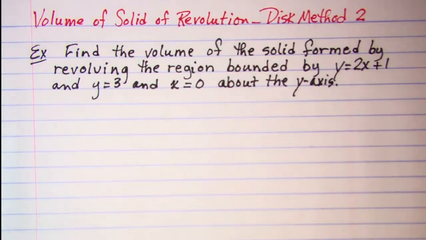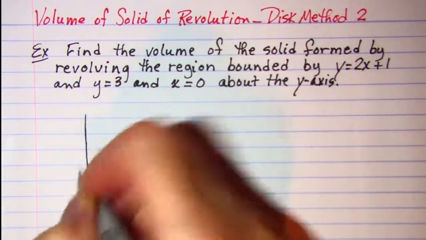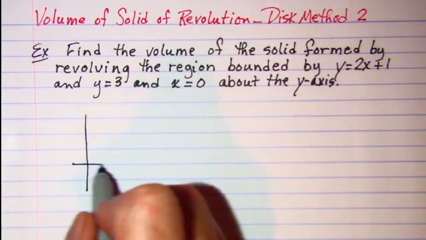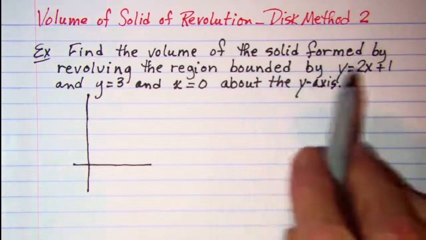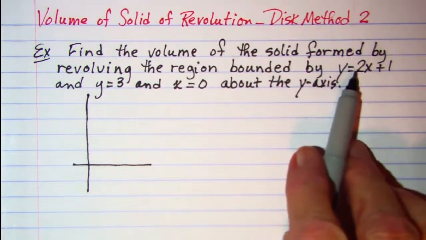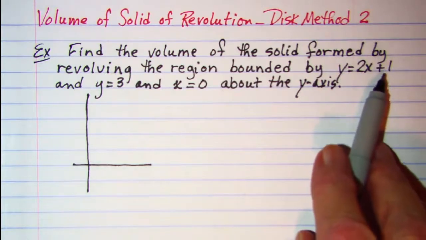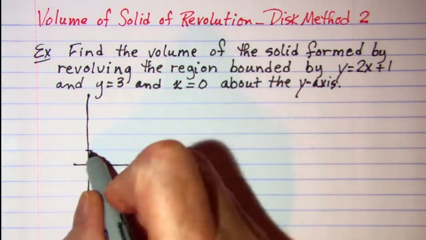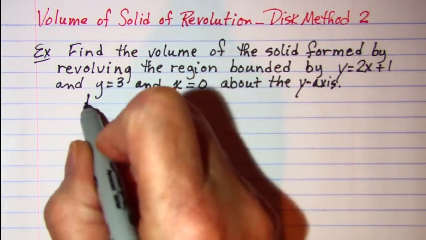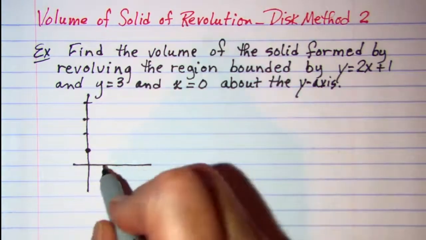So first let's draw a sketch. The function that we'll be working with is y equals 2x plus 1. This is a line with a y-intercept of 1 and a slope of 2.